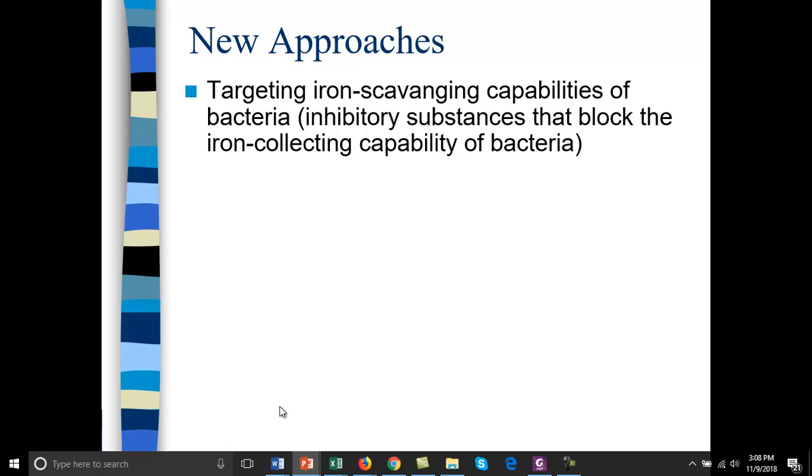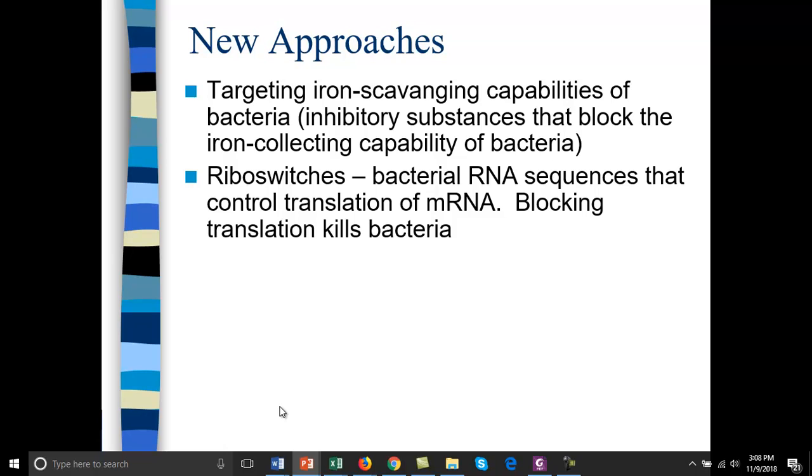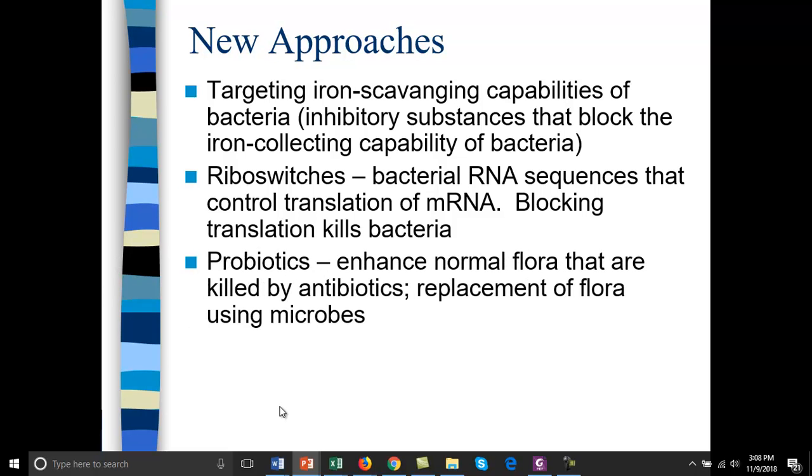And you can't really naturally select around iron scavenging. Organisms need iron as an essential nutrient, and so it would be very difficult for the organism to adapt to no longer need iron. Riboswitches control translation of RNA, and by blocking translation, you can kill the bacteria.